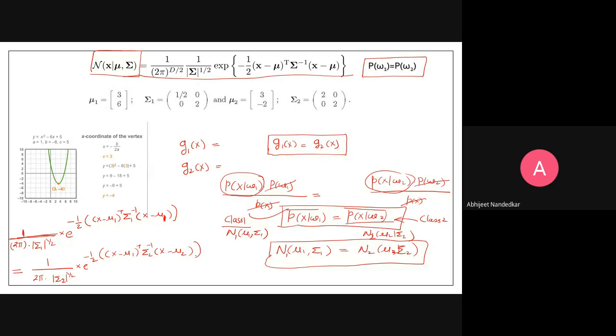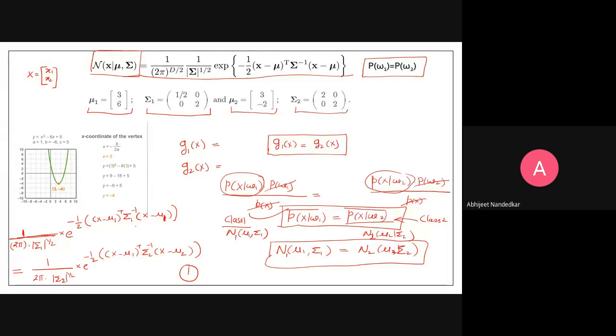Now you substitute all the values in this equation, say number 1. For x, you will substitute the two variables x1 and x2. Mu1 you will substitute with this, sigma 1 with this, and likewise mu2 and sigma 2.